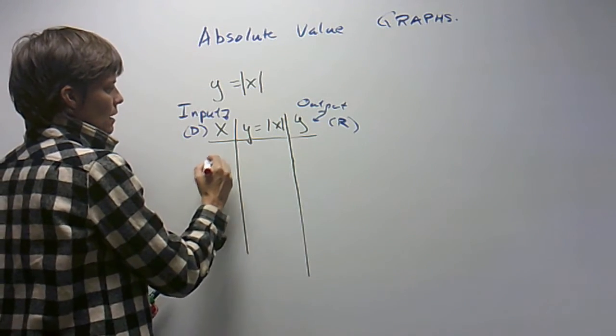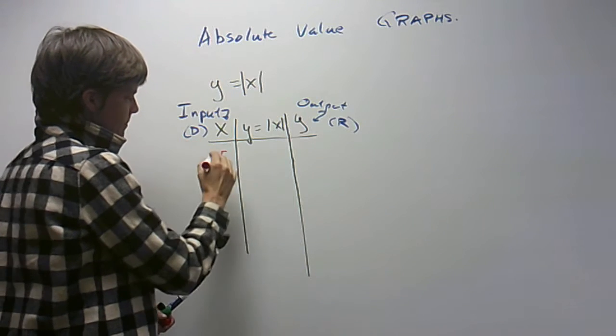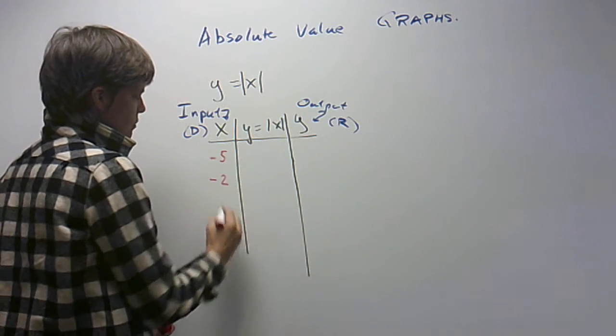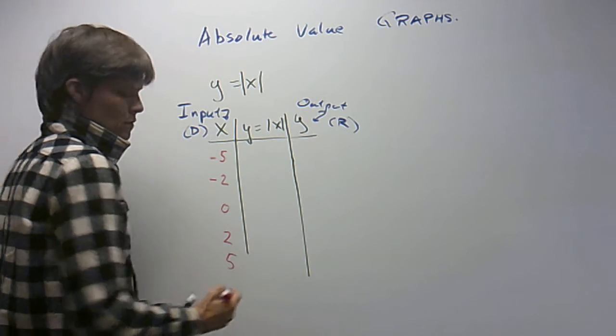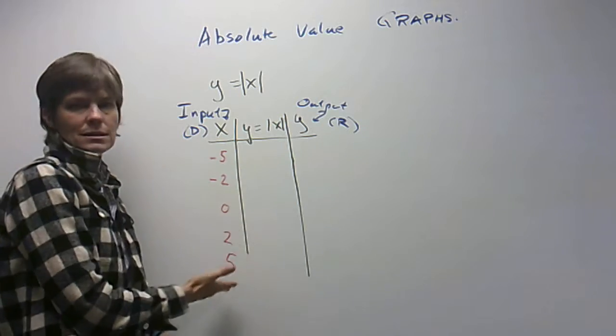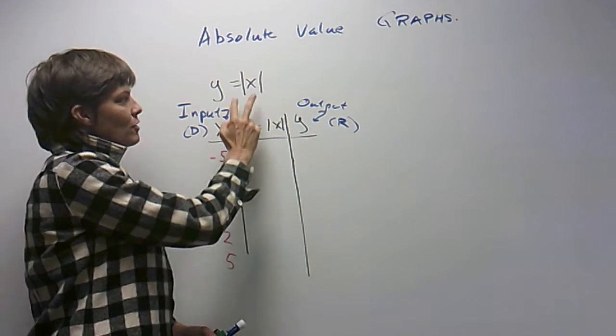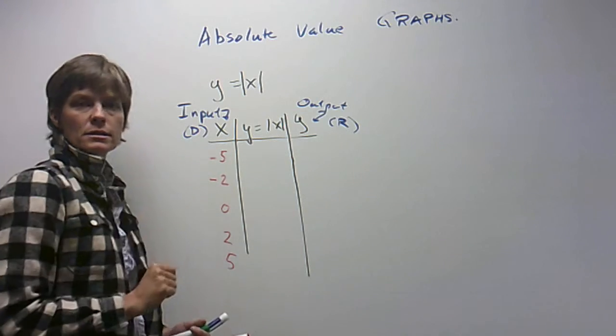So we're going to say, how about -5, -2, 0, 2, and 5. If ever you're going to try to graph by a table, try to balance it to start, but you have to have the most elementary thing, right? So I picked this.